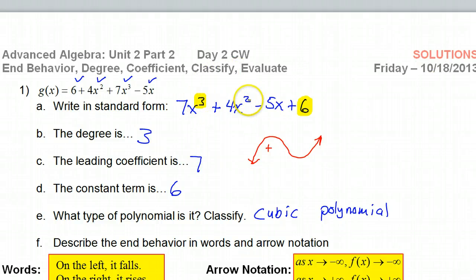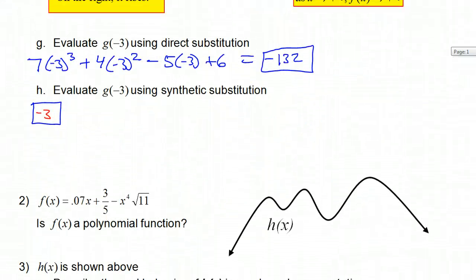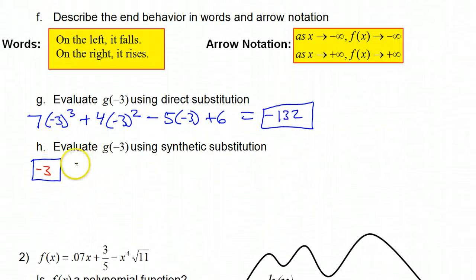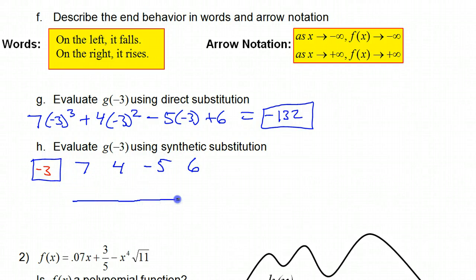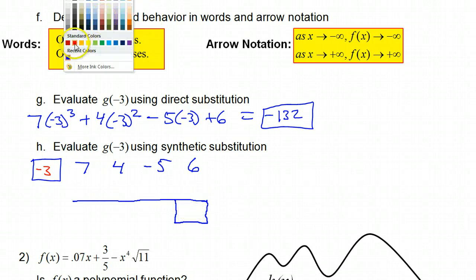Third power, second power, first power, zero power. So my coefficients are 7, 4, negative 5, and positive 6. Skip a line, leave a space. And here at the end, we're going to need another box, because this is where the answer will be.